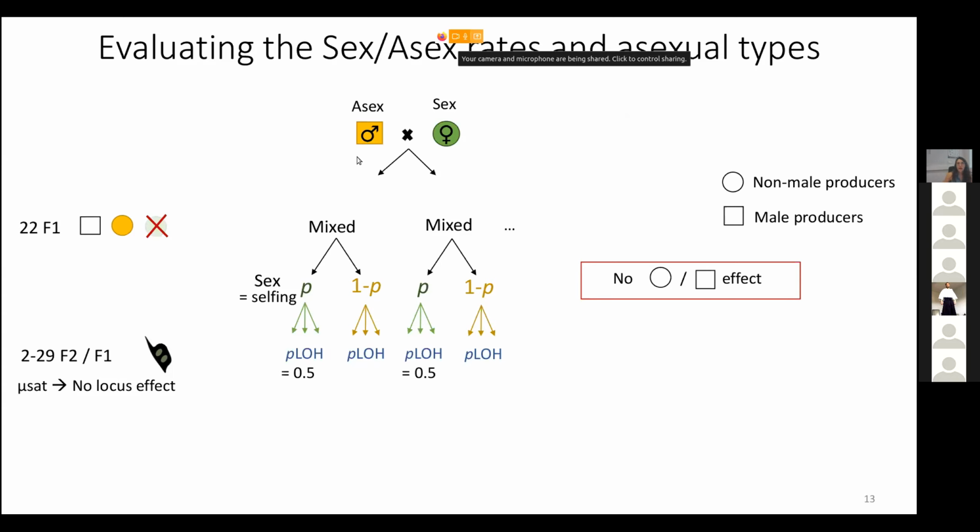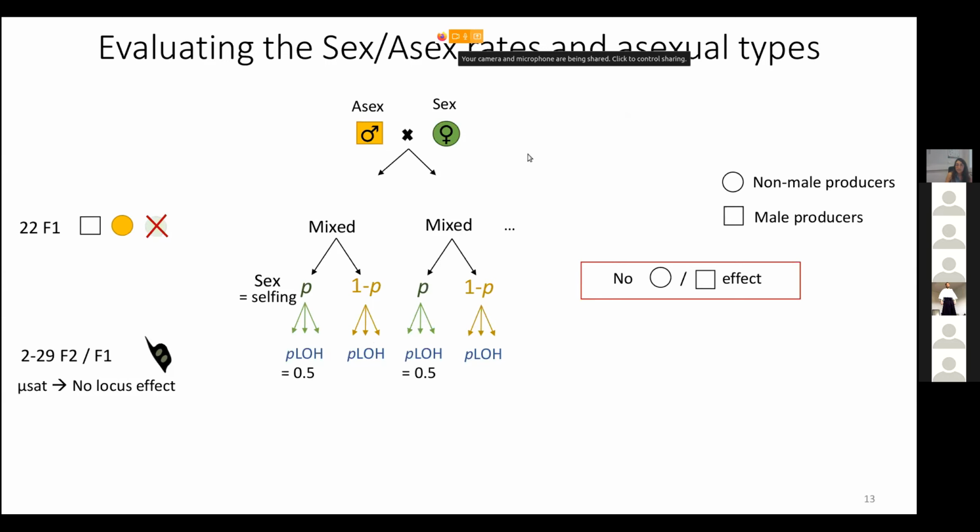And so we were interested in estimating P, which is the proportion for a given F1 hybrid of producing offspring sexually, which leads to 0.5 loss of heterozygosity rate. And again, the loss of heterozygosity rate we wanted to estimate of the asexually produced offspring.